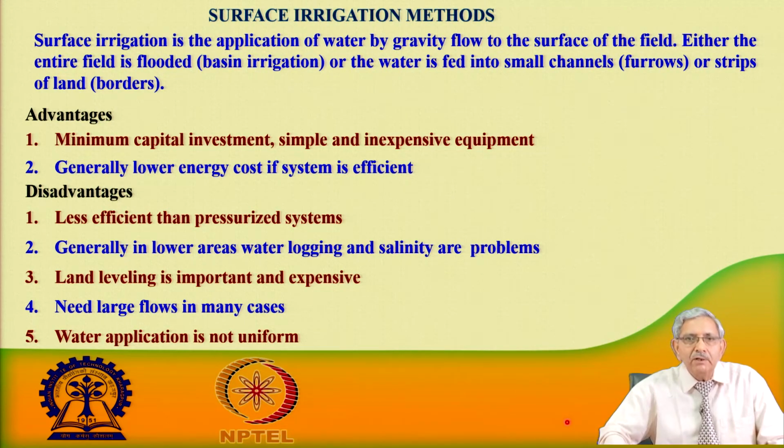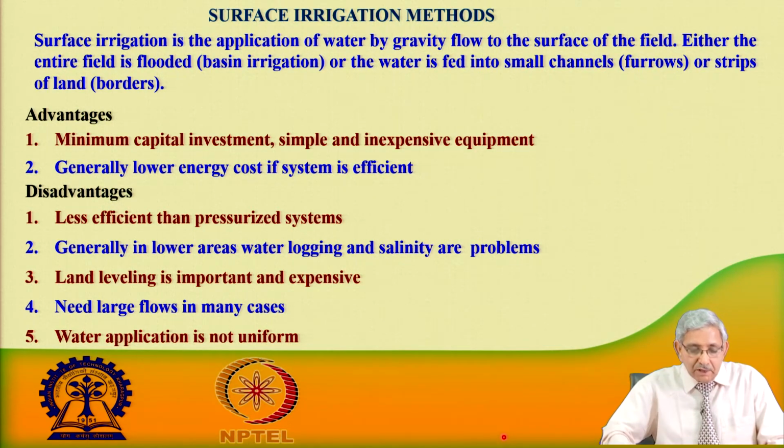Land leveling is another important issue. Unless the land is leveled, not all parts of the field are able to get an adequate amount of water, which is an expensive component in surface irrigation.